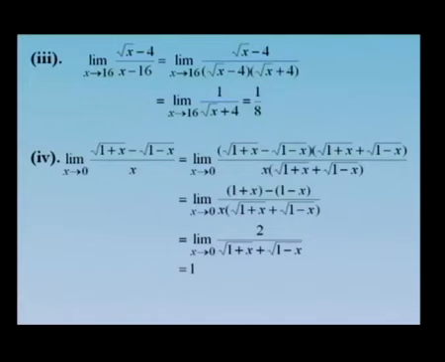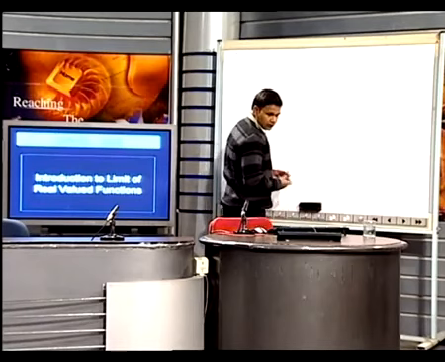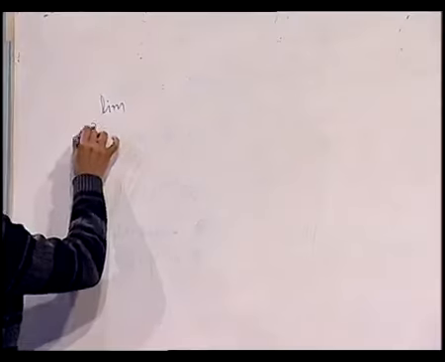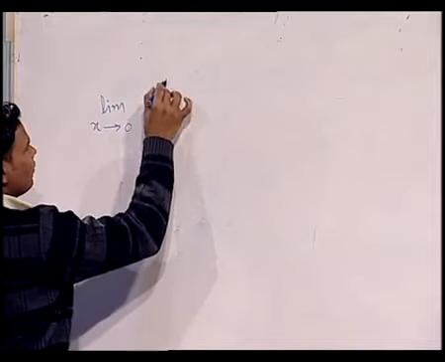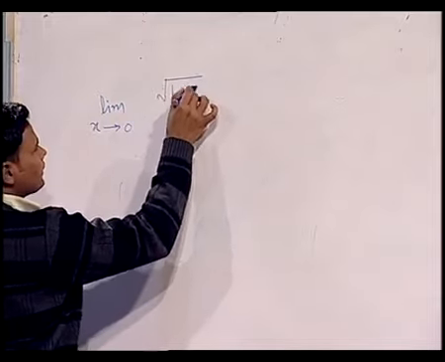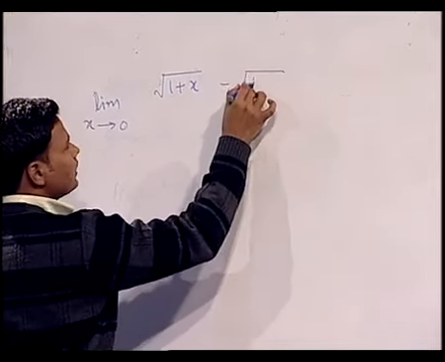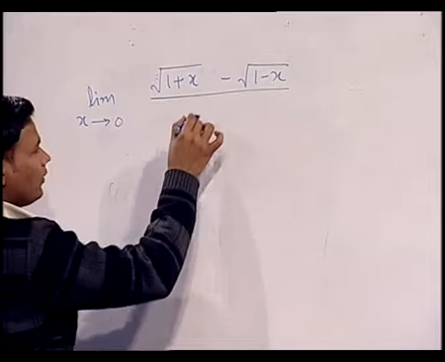Let us solve this as it is: limit x tends to 0, (square root 1 plus x minus square root 1 minus x) upon x.